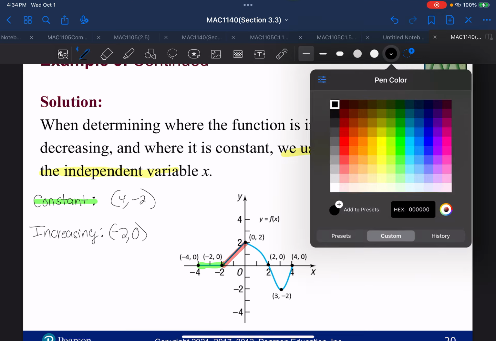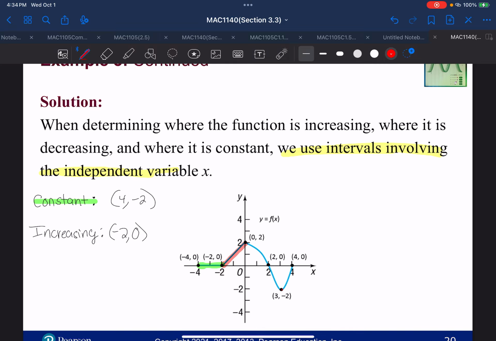But then we have another one. So from here, x equals 3 to x equals 4. Now on these, usually they'll just tell you to write the intervals in commas. So this would be comma and then the interval from 3 to 4. Parentheses.